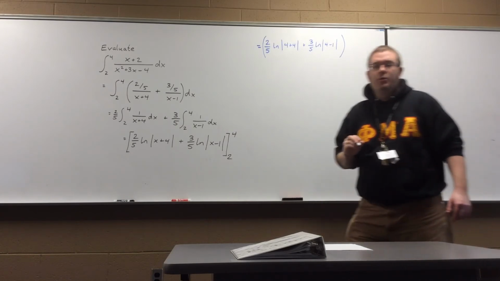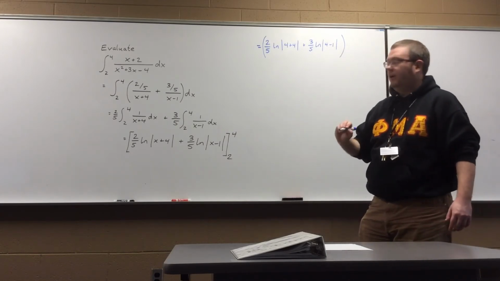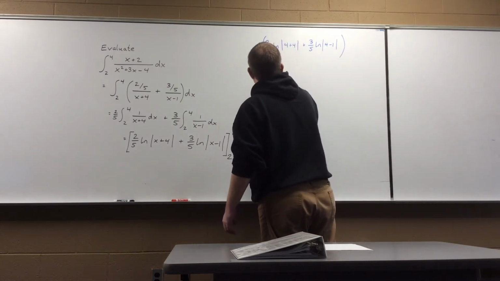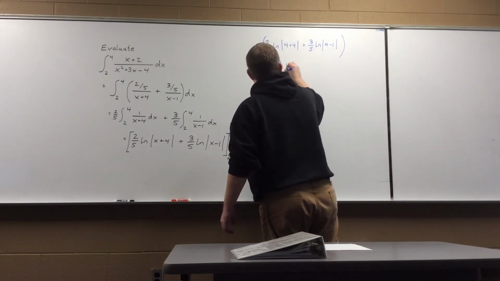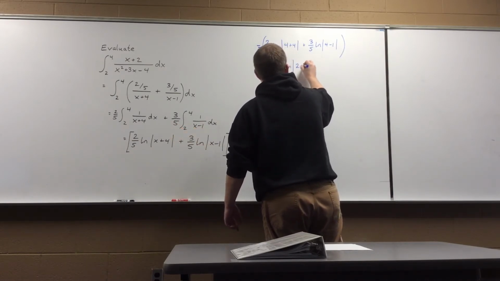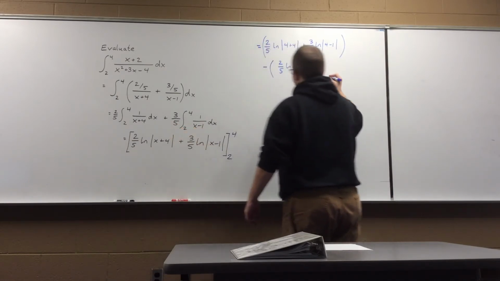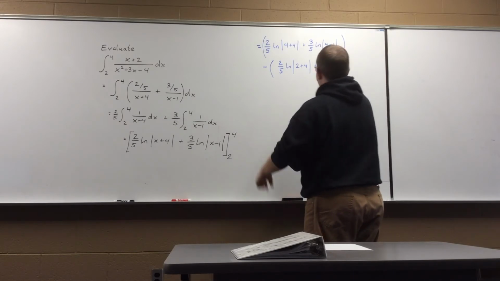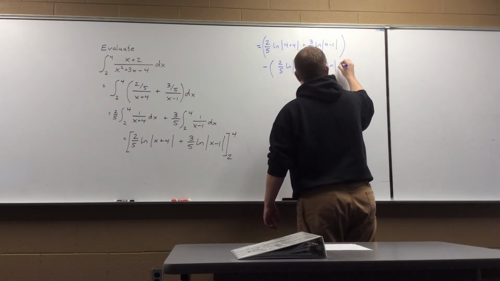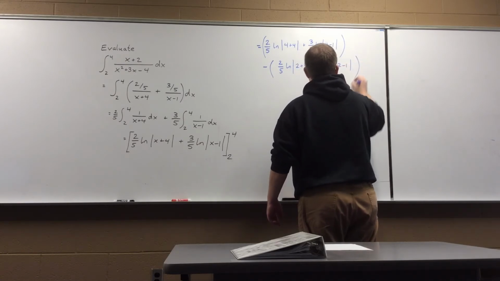Then I'm going to subtract what I get by plugging in our lower limit of integration, which was x equals 2, minus 2/5 natural log, absolute value, 2 plus 4, plus 3/5 times the natural log of the absolute value of 2 minus 1.